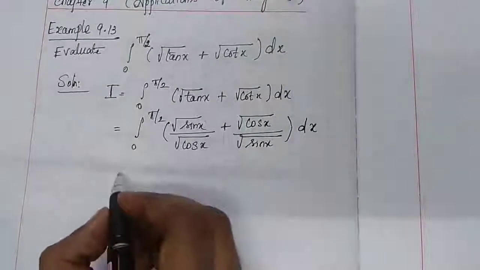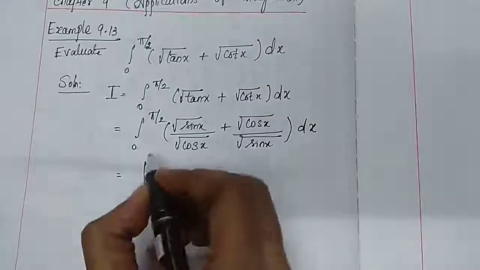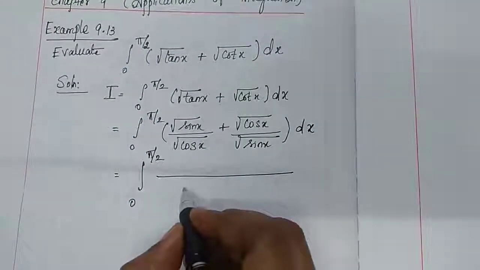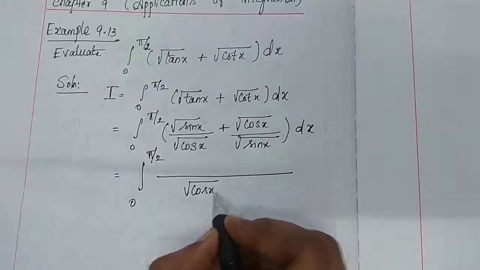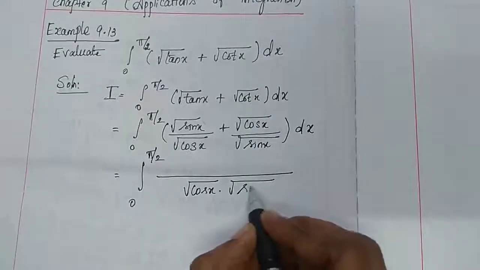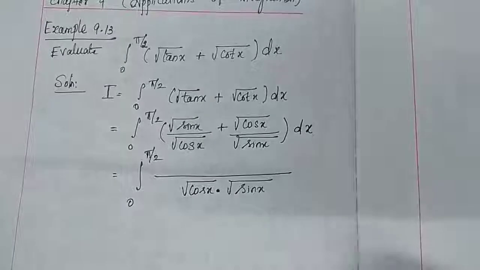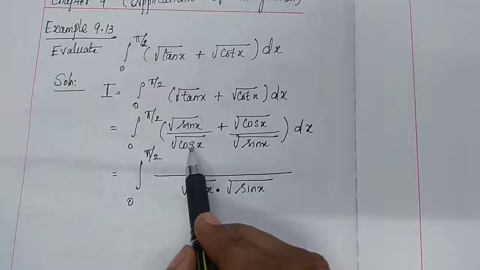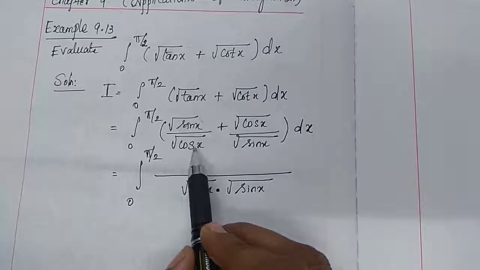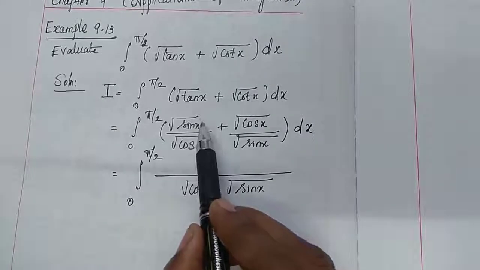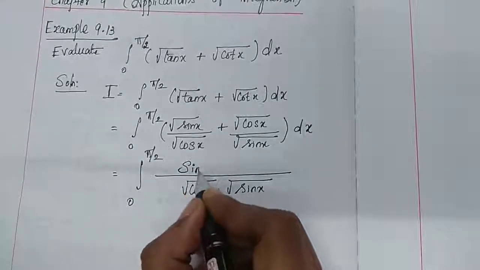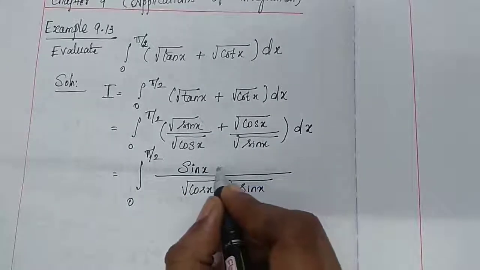Take the LCM. We get the integral from 0 to pi by 2. The LCM is root cos x into root sin x. The first term's denominator is multiplied with root sin x, therefore the numerator is also multiplied with root sin x. So root sin x into root sin x, we get sin x.